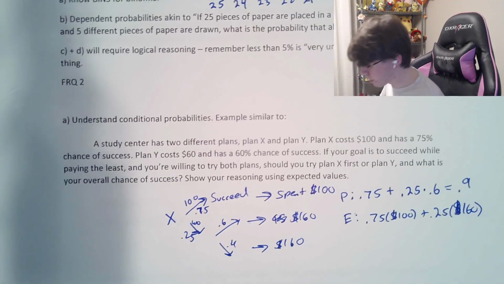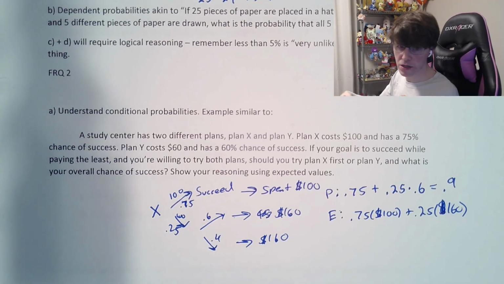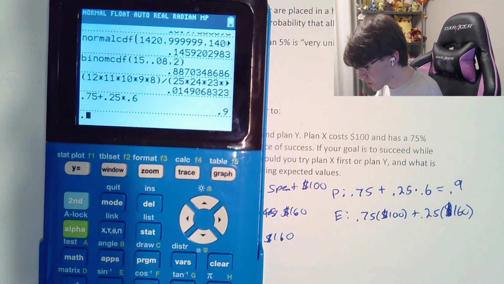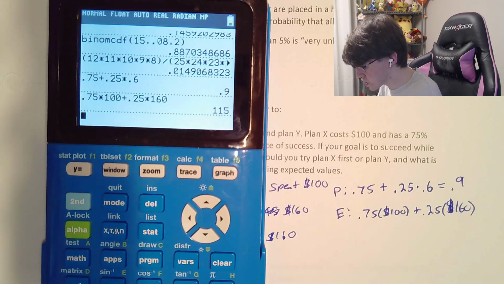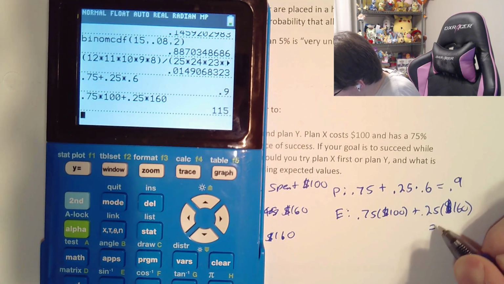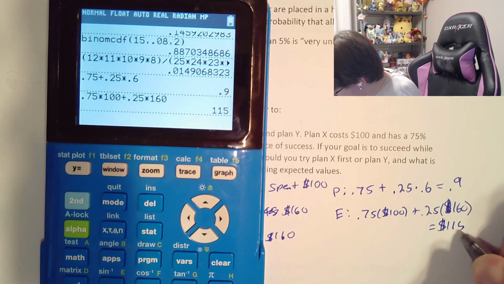Because remember, you already spent the 100 after you failed, and then you had to do it again. So we have 0.75 times 100 plus 0.25 times 160, and that's going to be your expected amount of money if you try Plan X first.